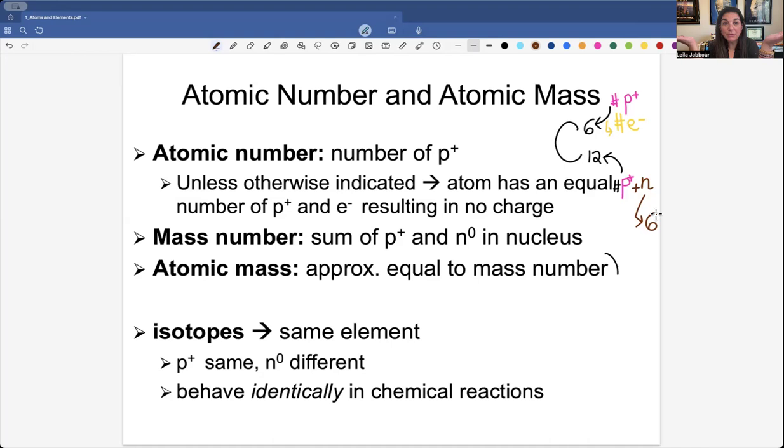That's the atomic mass I was given. So there must be 6 neutrons in this particular atom.